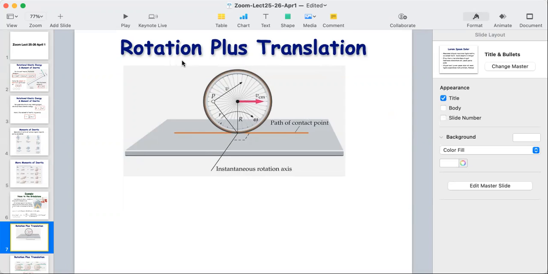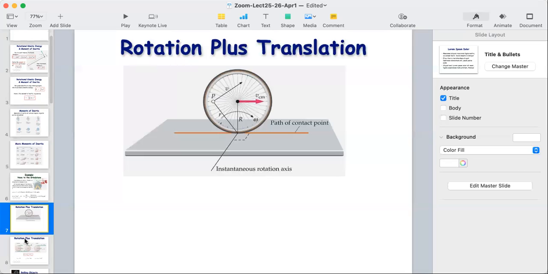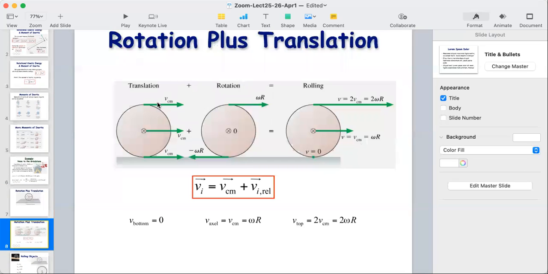But at the moment when you put the bicycle down, because of the friction with the ground, the rotation will also cause a translation of the bicycle. So you have a motion that is a rotation, with omega r here, but it's also a translation.